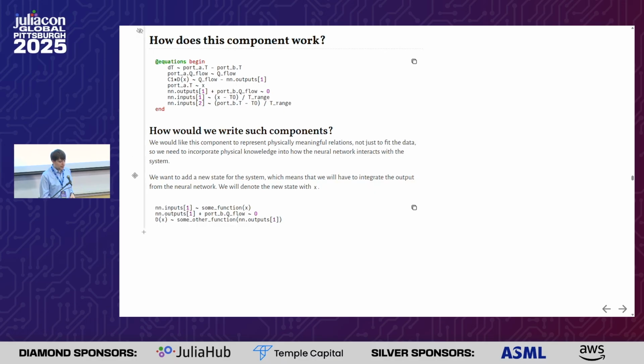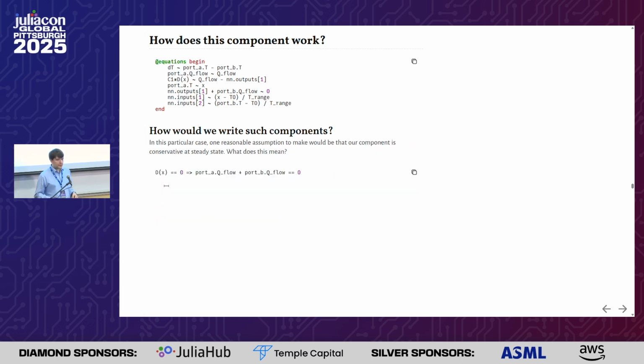The derivative of this unknown state will be some function of the neural network output, so that the neural network output gets integrated. And when this derivative is 0, we want the heat flow from port A plus the one at port B to be 0, so that the component is conservative essentially.